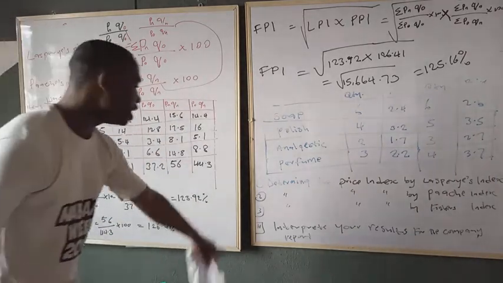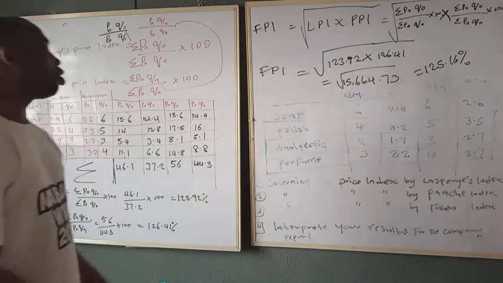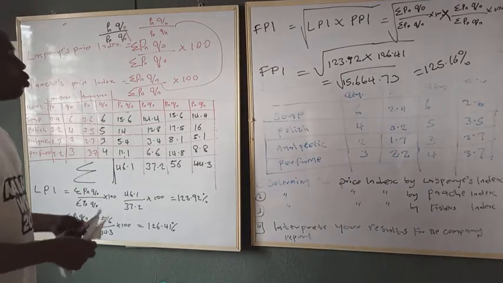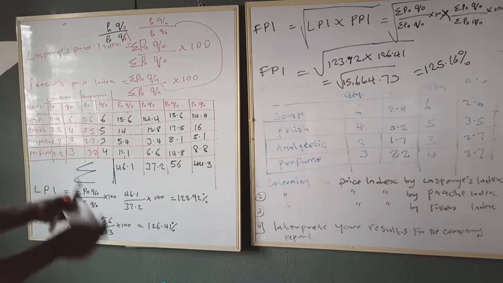Number 4 now says interpret your result for the company report and for the economy as a whole. When you want to interpret this kind of question, you just want to know what your computation shows.